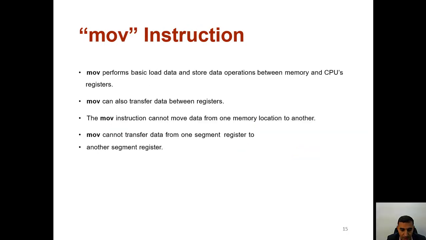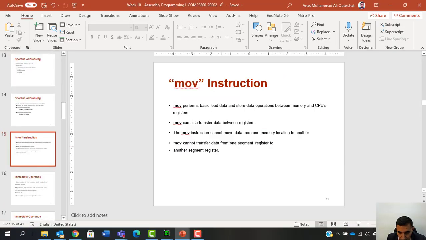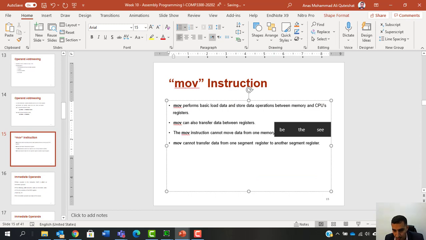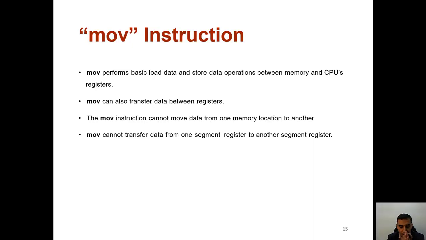Now, the move instruction. Move performs basic load and store operations between the CPU and the registers. Move can transfer data between registers. Move can transfer data between a memory location and a register. Move cannot transfer data from one segment register to another segment register. So just this one needs to be fixed. I can do move AX, 3.